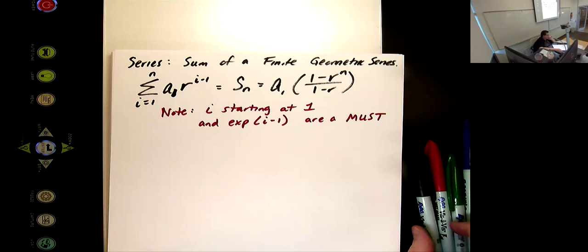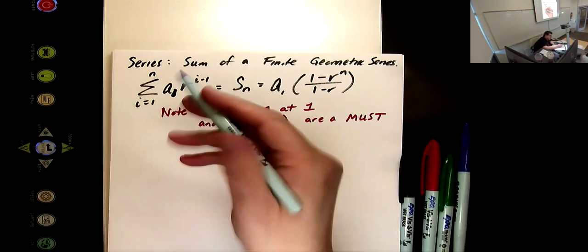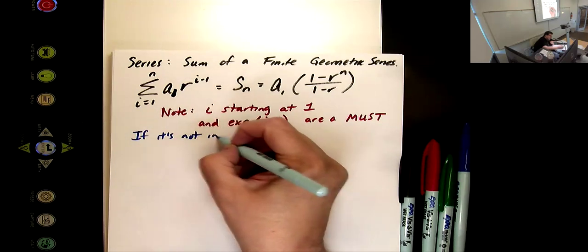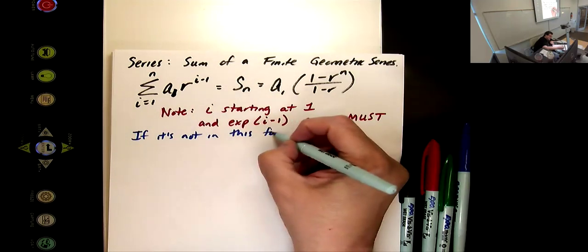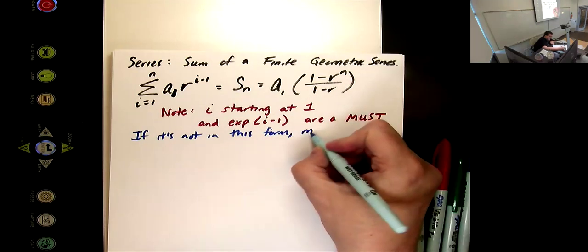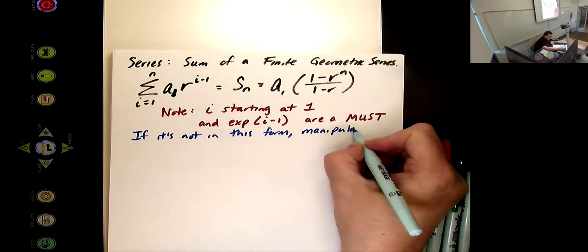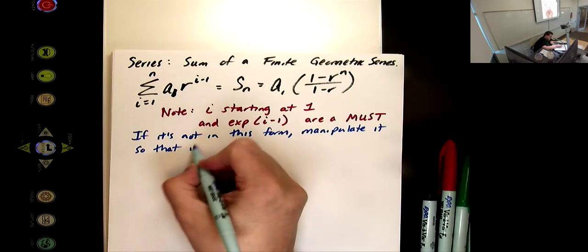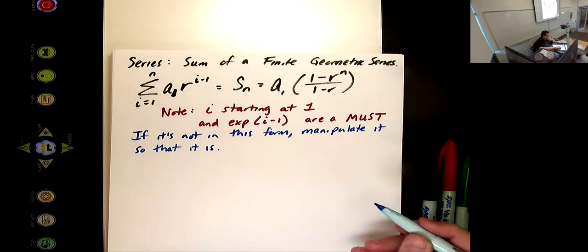We did an example and got different answers. So rather than doing that here, I'm just going to tell you. This is a requirement. So if it's not in this form, manipulate it so that it is. And we'll have some practice today.